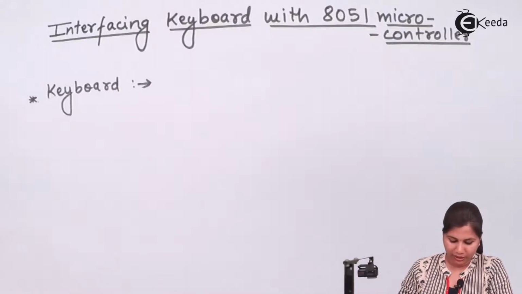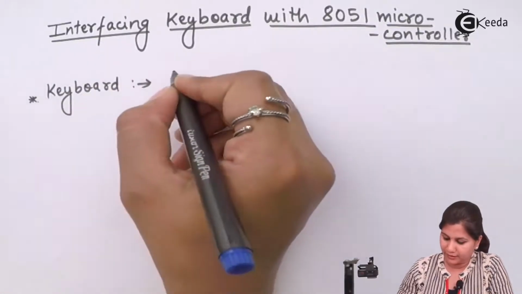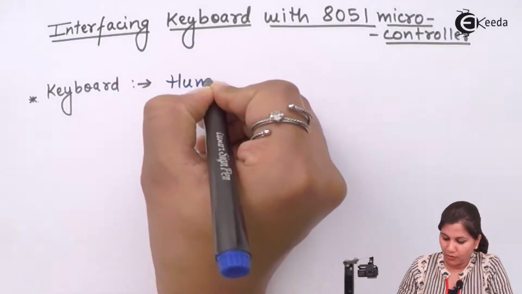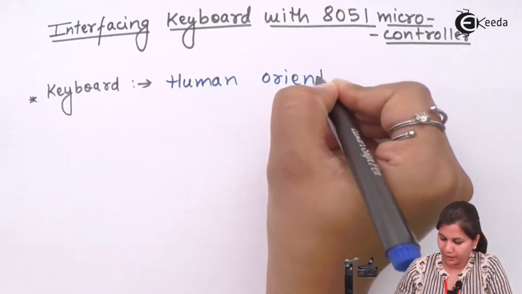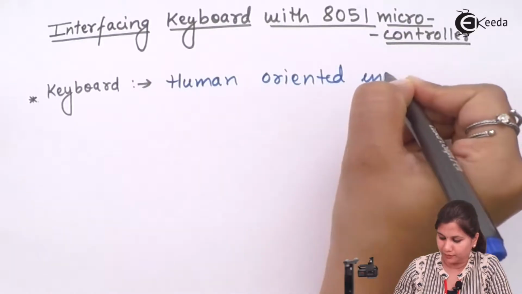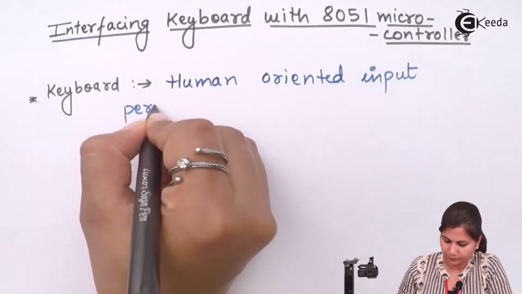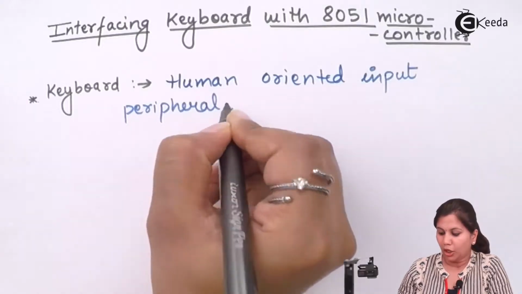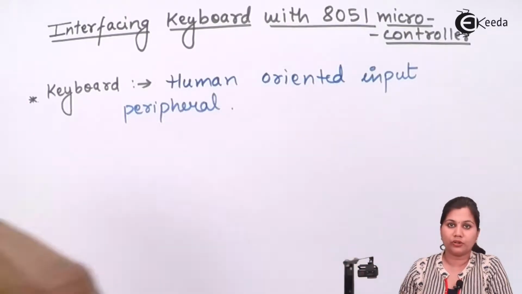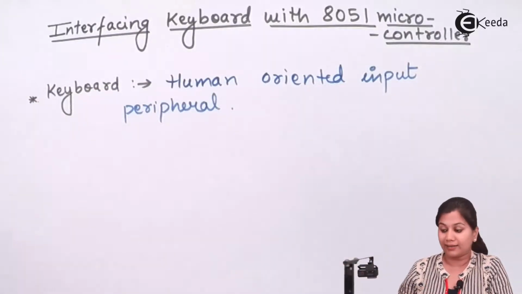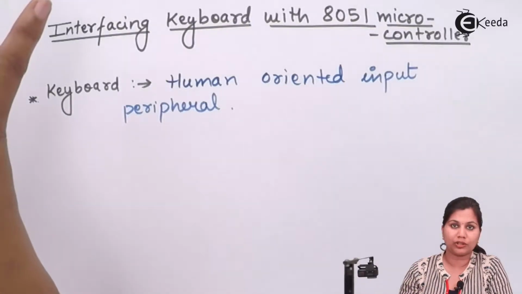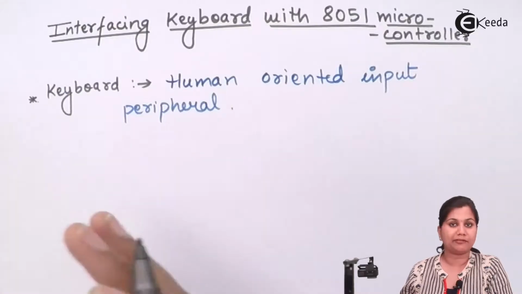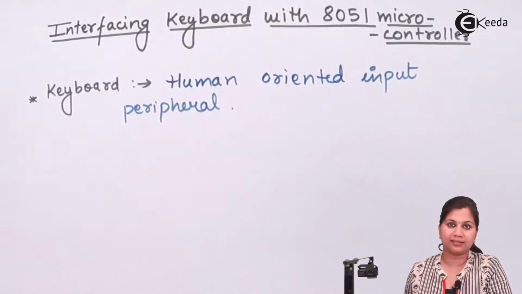So we can say that the keyboard is a human oriented input peripheral. Human oriented because humans are going to use it, input because the data is being given to the microcontroller or microcomputer, and peripheral because it is an external device.